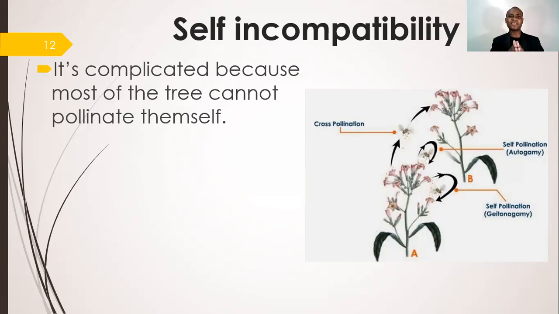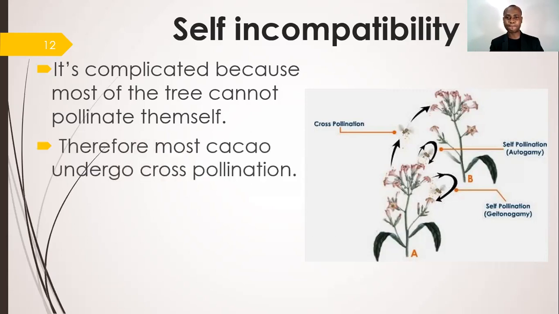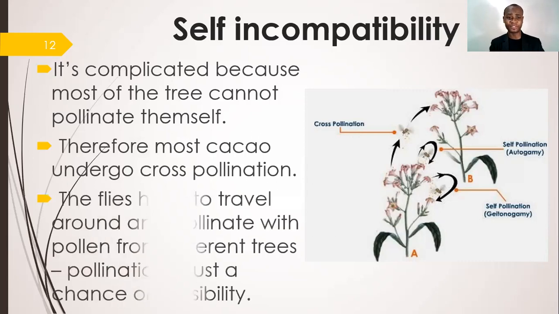Okay? So we are saying pollination is complicated because most of the trees cannot pollinate themselves. They cannot pollinate themselves. And because they can't pollinate themselves, if ever self-pollination takes place, the flowers are going to fall completely. Therefore, most cacao undergo cross-pollination, like I mentioned.